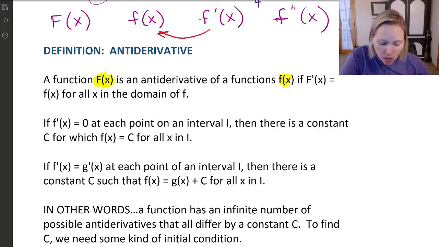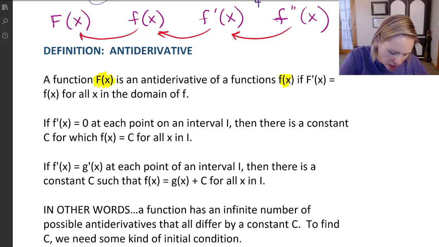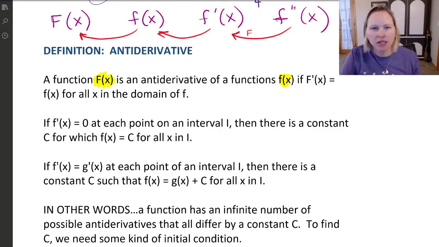F prime would be an antiderivative of f double prime, okay? So you're not stuck with calling it capital F.